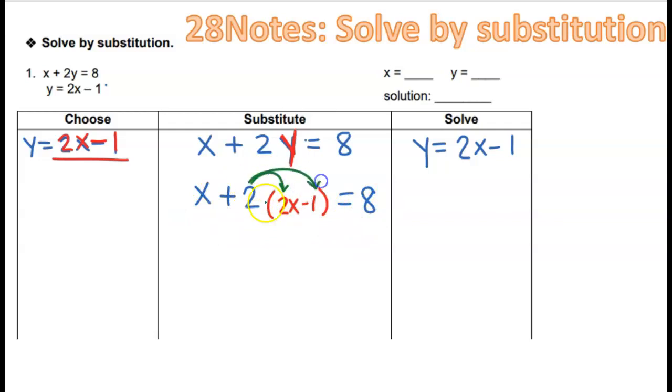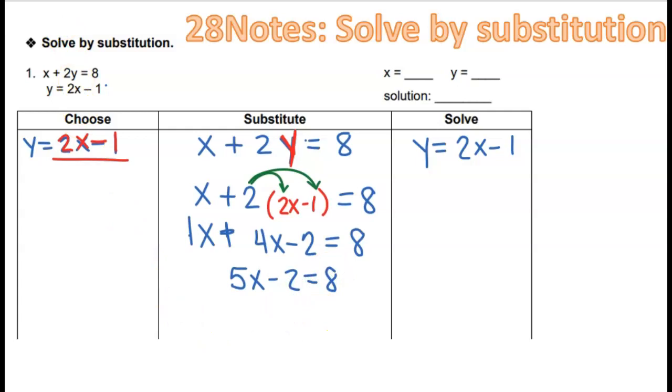So I will start off by distributing. 2 times 2 is 4. And so I have x plus 4x minus 2 equals 8. I'm solving for x, so I can combine my like terms. They're on the same side of the equal sign, so 1 plus 4 makes 5x.